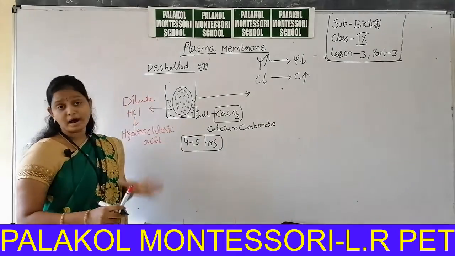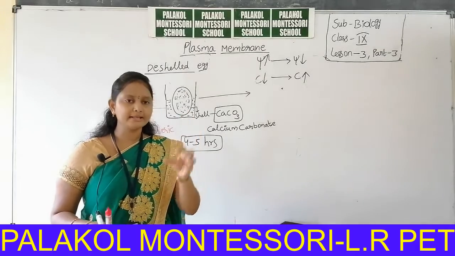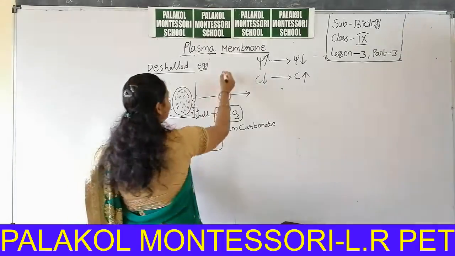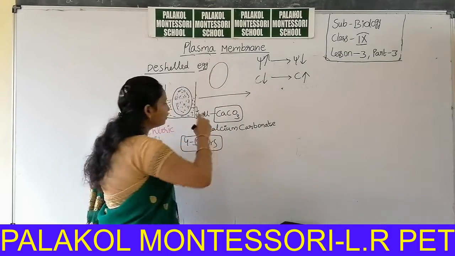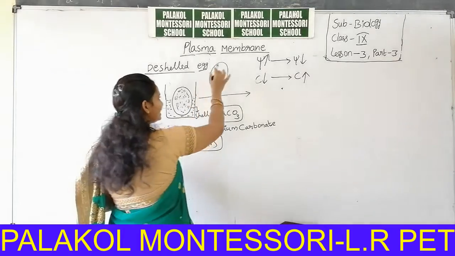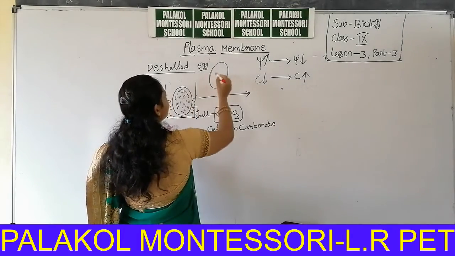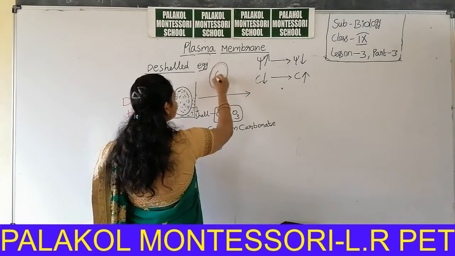That means if you observe an egg after boiling, the egg has a layer. After removal of the shell, you can observe that a layer is present. Inside that, a white color region is present, and inside that, a yellow color region is present.